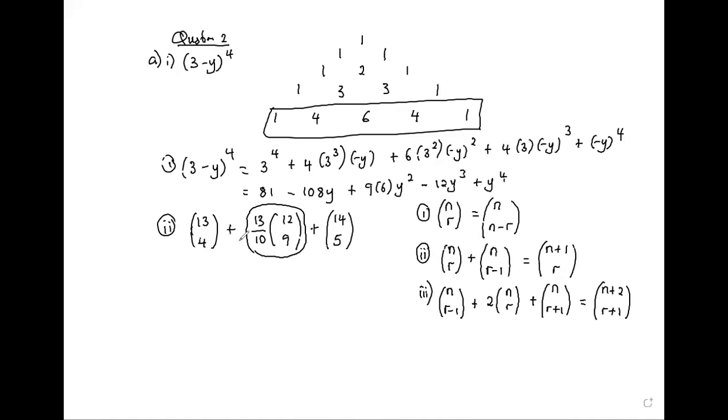So that is 13 over 10. Then we have 4 factorial over 9 factorial, and then 12 minus 9, that is 3 factorial.